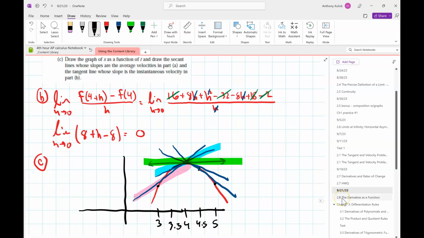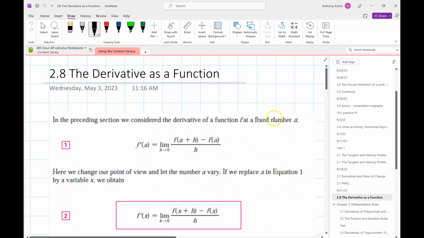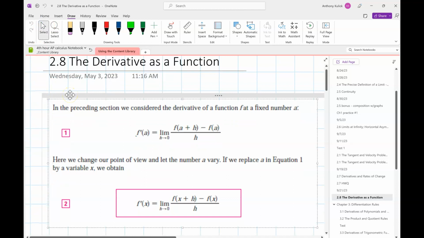Let's start 2.8. So in 2.7, what we did is we calculated the derivative of a function at a fixed value a, right? You guys remember doing that?